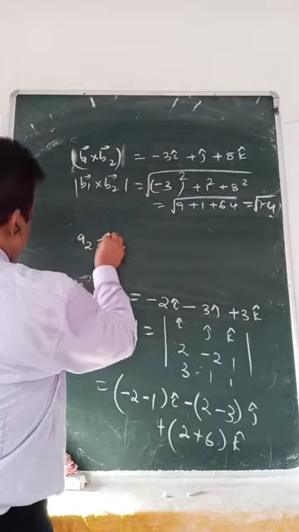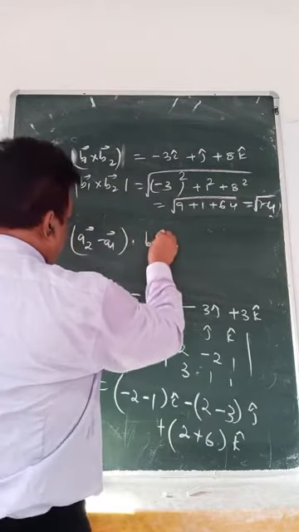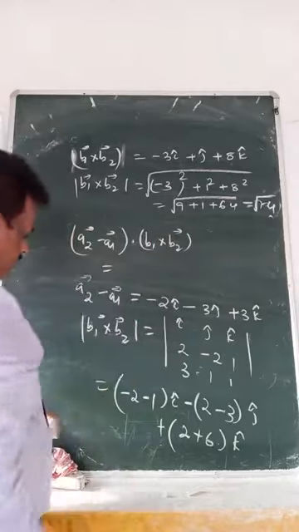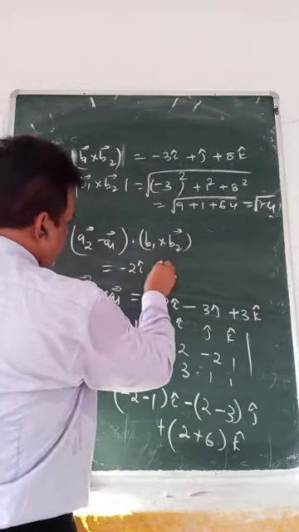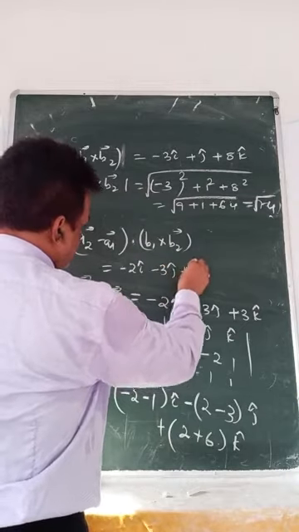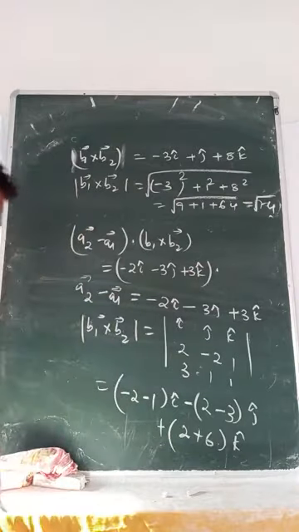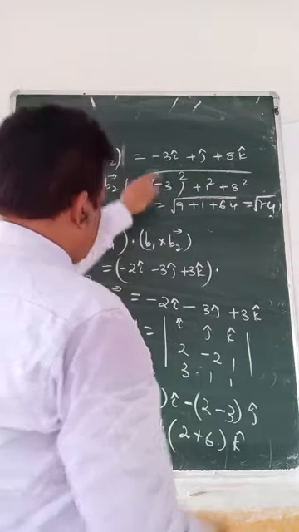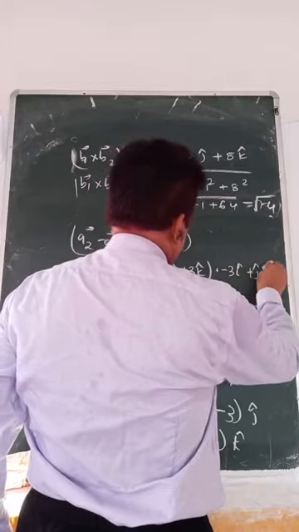A2 minus A1 is -2i - 3j + 3k, dotted with -3i + j + 8k.